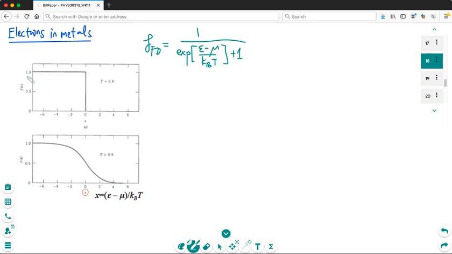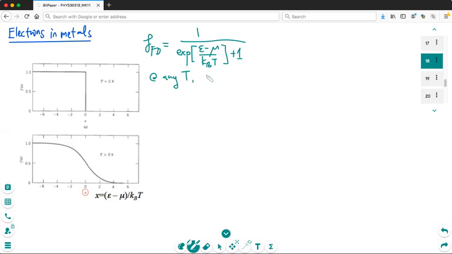Okay, so a few observations. At any temperature T, if you set mu equals epsilon, that's to say, if you look at the energy level at the chemical potential, you get precisely 0.5.